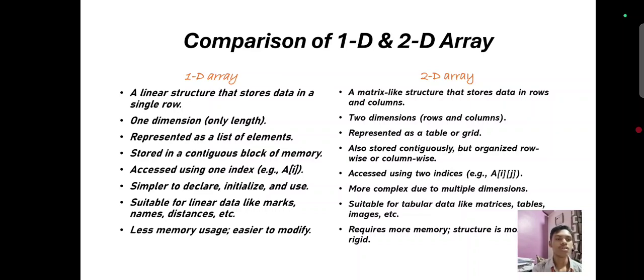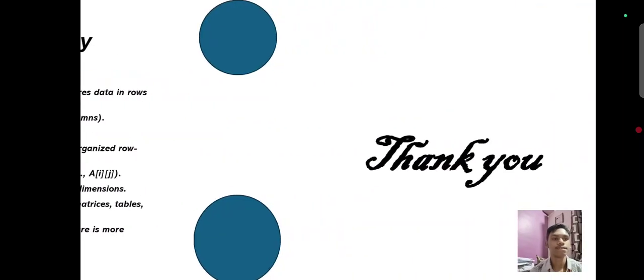Example: A[i][j], where i indicates the rows and j indicates the columns. More complex due to multiple dimensions, suitable for tabular data like matrices, tables, images, etc. Requires more memory. Structure is more grid-like. Thank you.